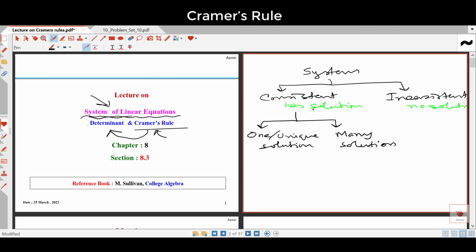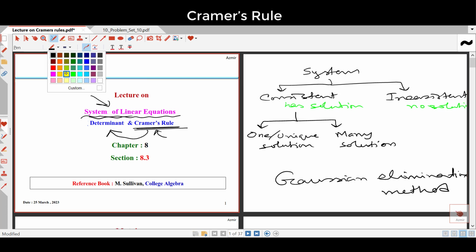So you already know how to solve a system of linear equations that can be consistent or inconsistent, that has one solution, many solutions or no solution. We know how to solve this type of systems by using Gaussian elimination technique. But here we will solve the same type of system by using Cramer's rule.